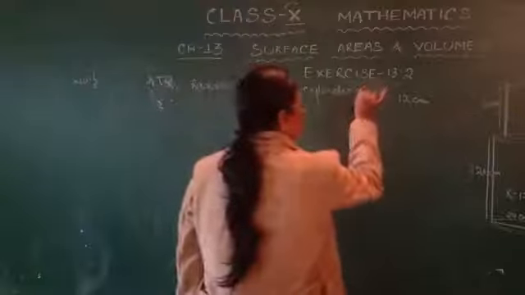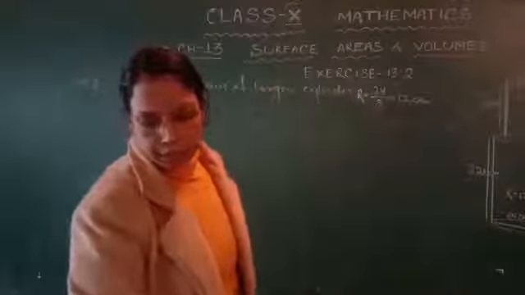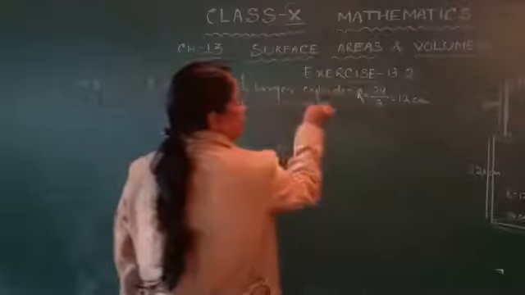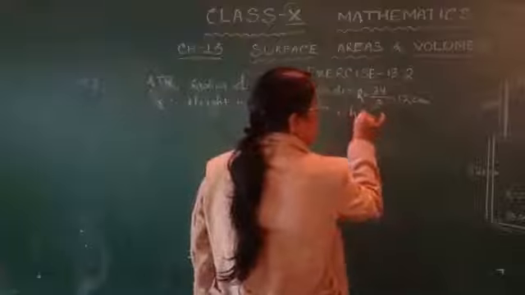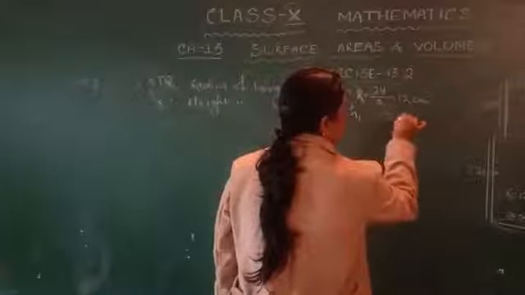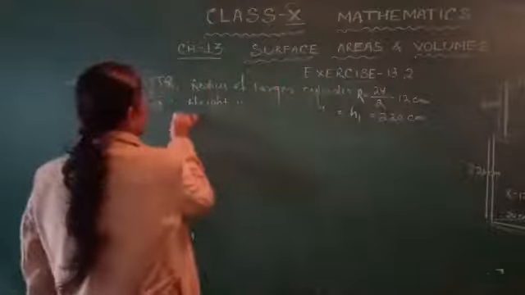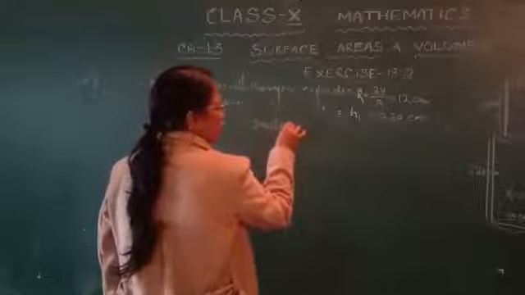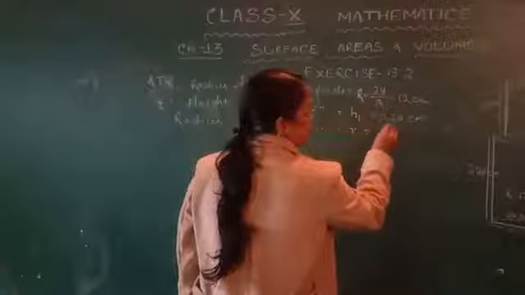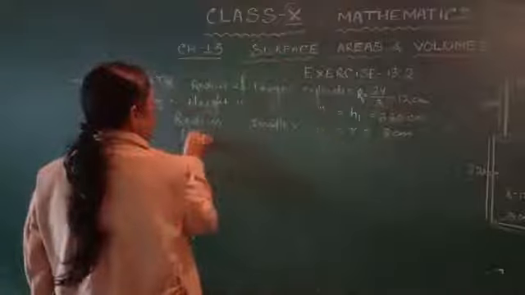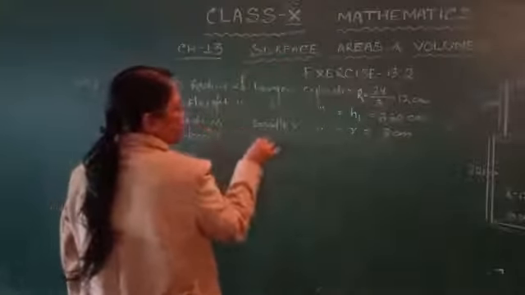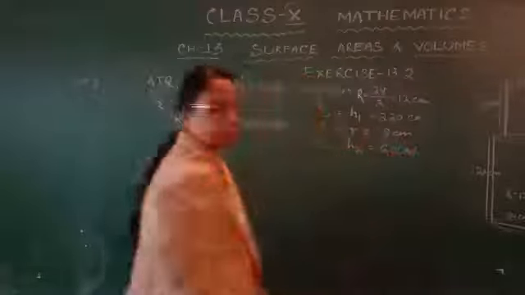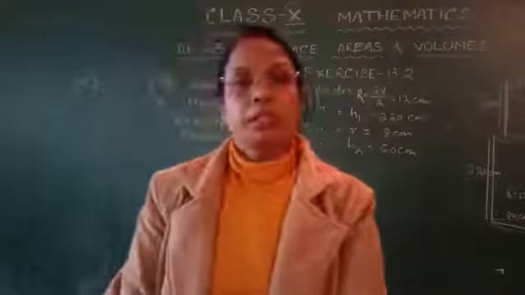This is capital R. And then the height of the larger cylinder, H1, is 220 centimeter. And then the radius of the smaller cylinder, small r, is 8 centimeter, and the height of the smaller cylinder, H2, is 60 centimeter.